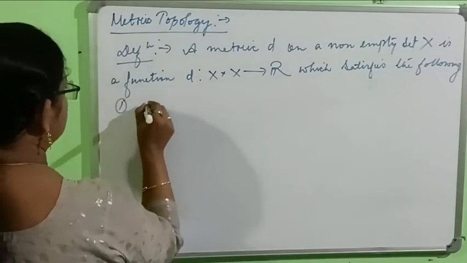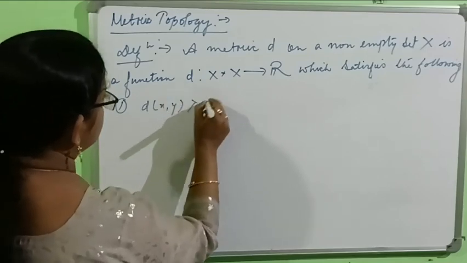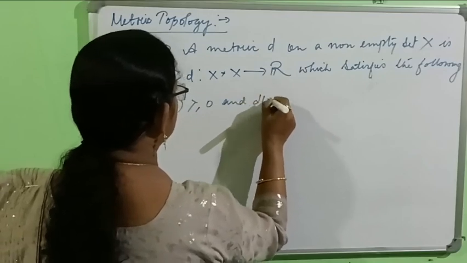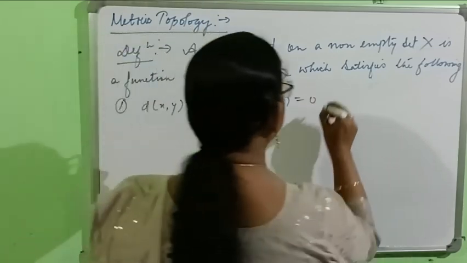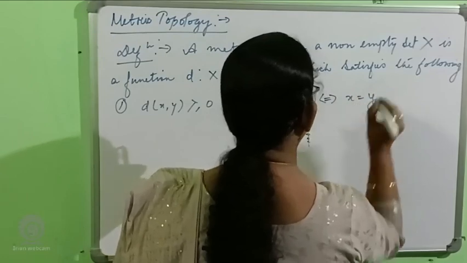Number 1, d(x,y) is greater than or equal to 0, and d(x,y) is equal to 0 if and only if x is equal to y.